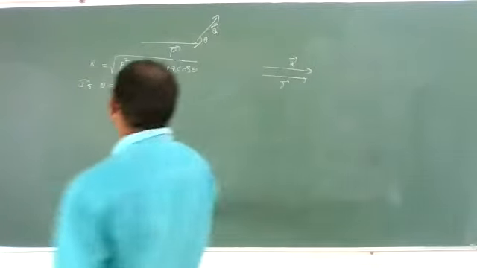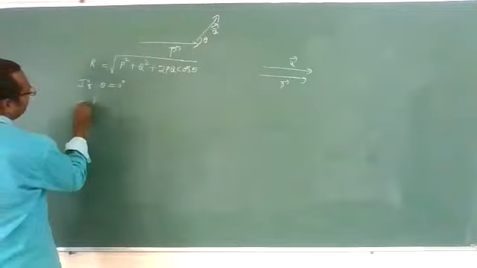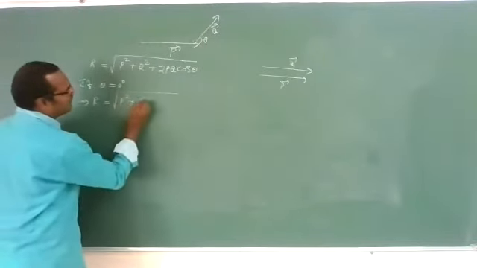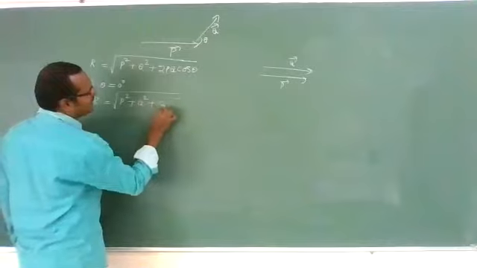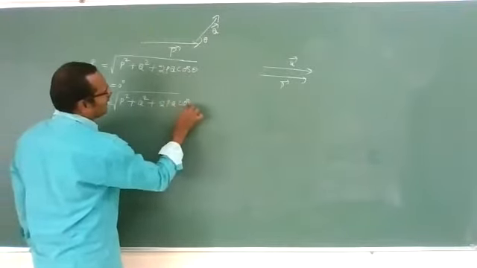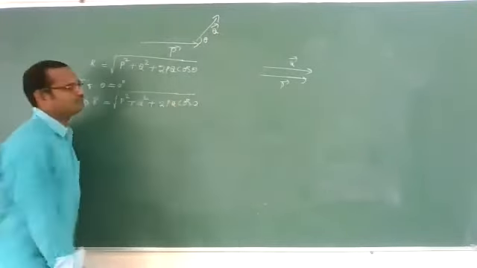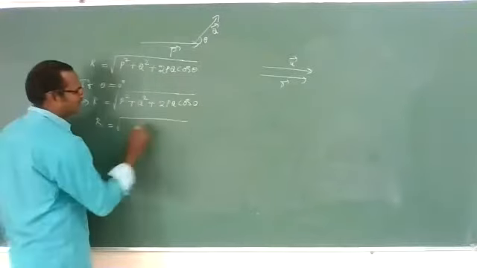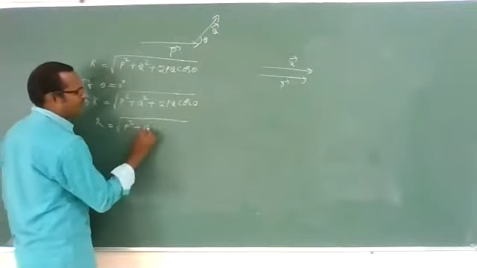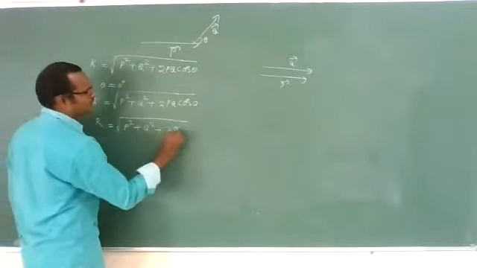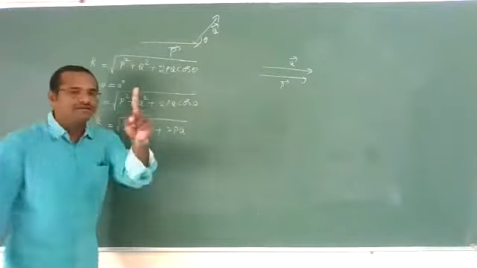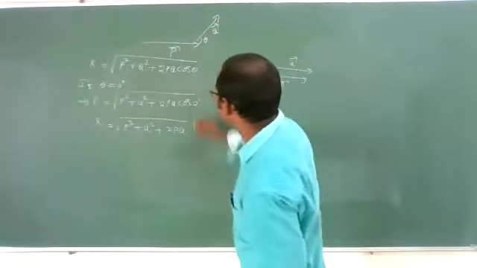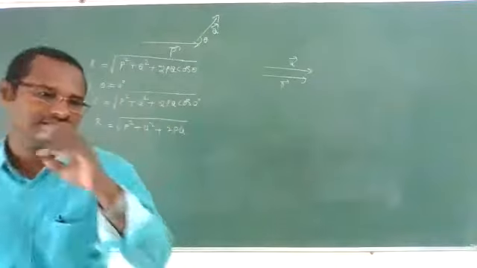Then the resultant will become root of p square plus q square plus 2pq cos 0. Cos of 0 degrees is 1, always.